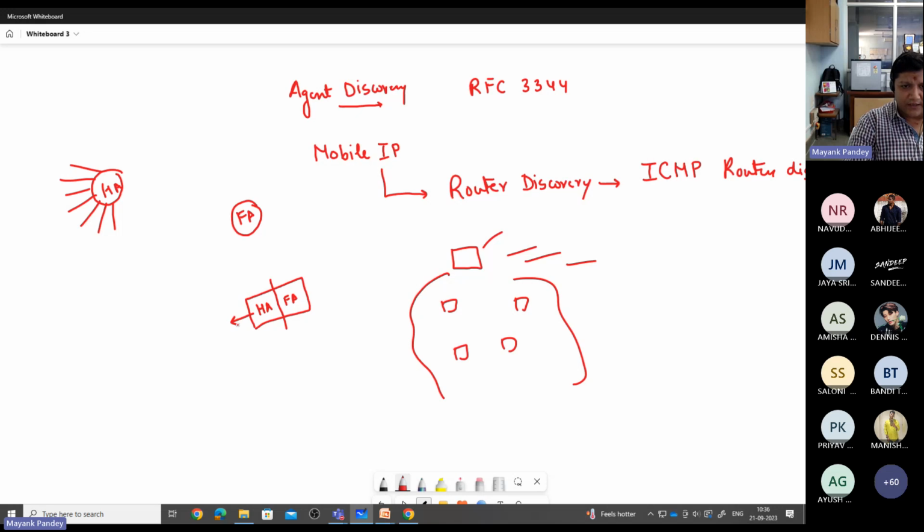So at one interface, at one link, it would be acting as home agent, and at another interface, it would be acting as a foreign agent. So home agent advertisement would be sent on this link and foreign agent advertisement on the other link. And this agent advertisement periodically happens.